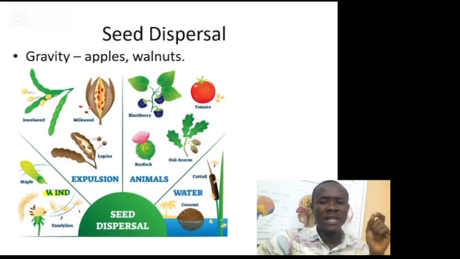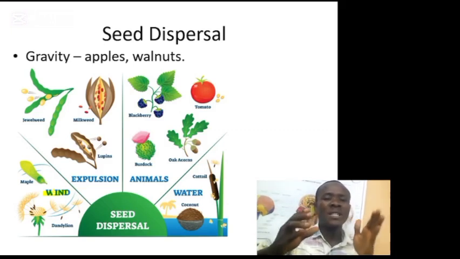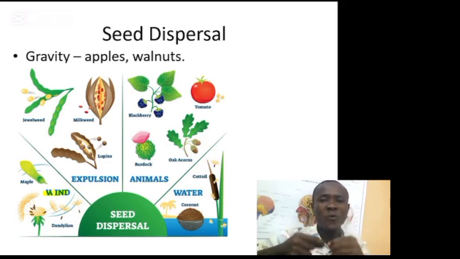We have wind dispersal. And the wind disperser, just as the name indicates, is wind. In this case, it is the wind that has to move the seed from one place to another. And in wind dispersal, you have to give the characteristics of the seed which can make the seed be dispersed by wind.